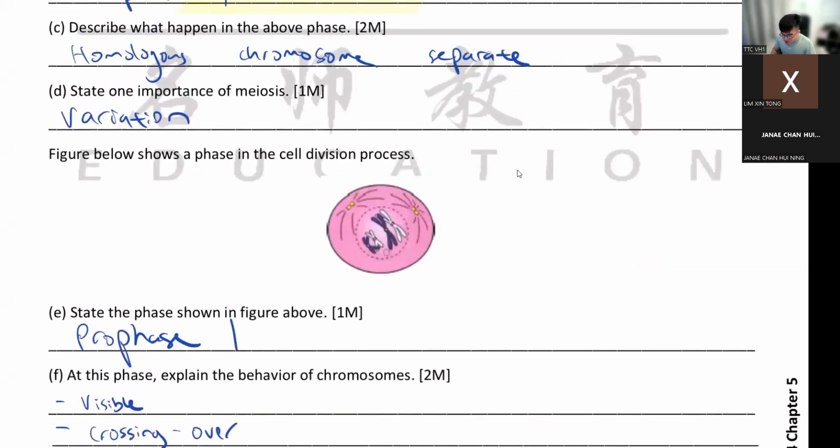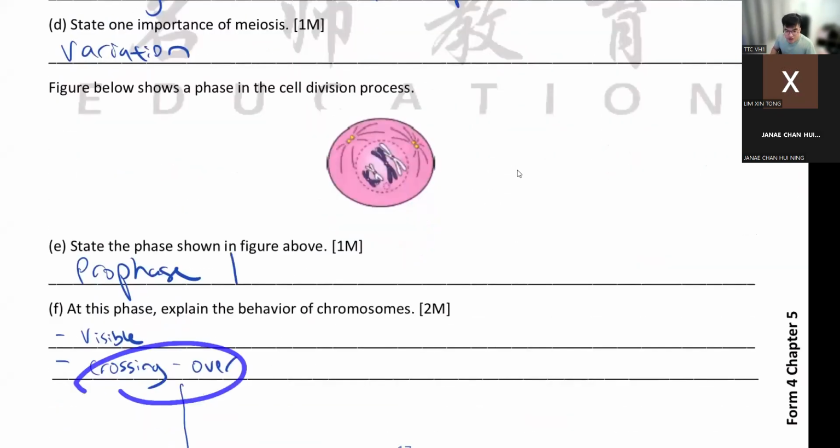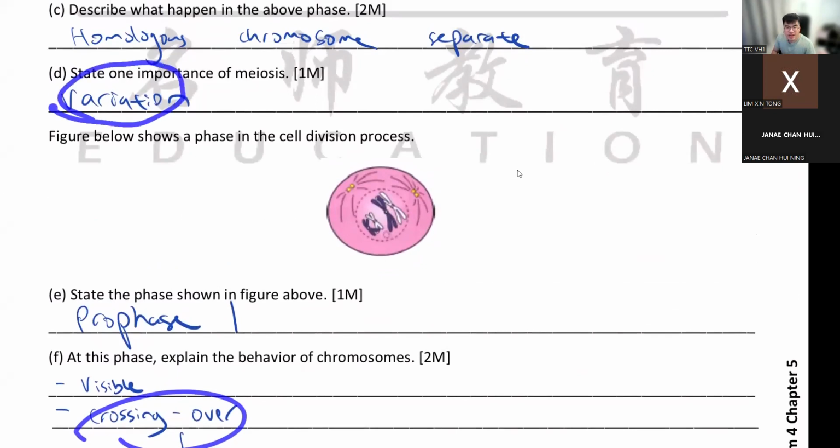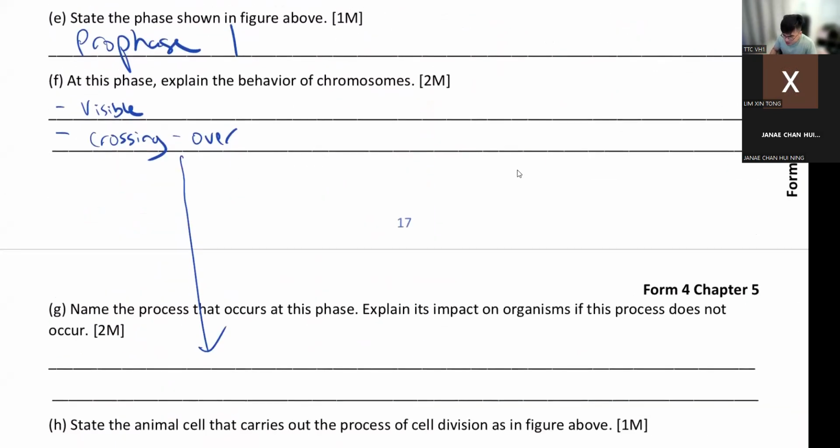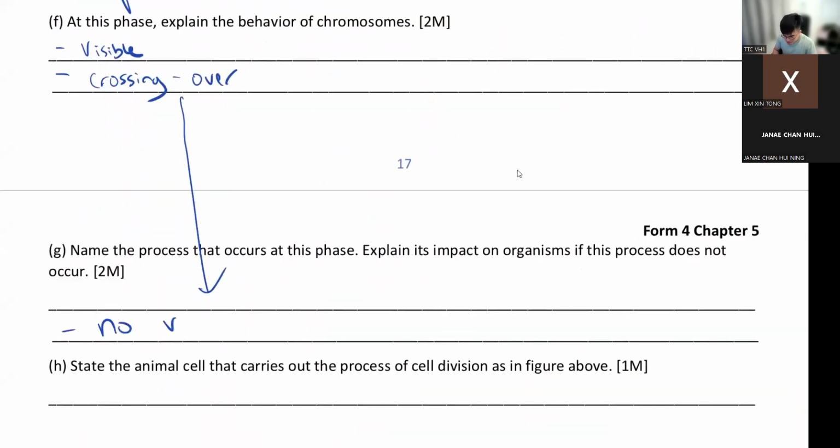What is the job of crossing over? Crossing over is for variation, right? If there's no crossing over, no variation. Okay, shuffling gives variation. No shuffling, no variation.